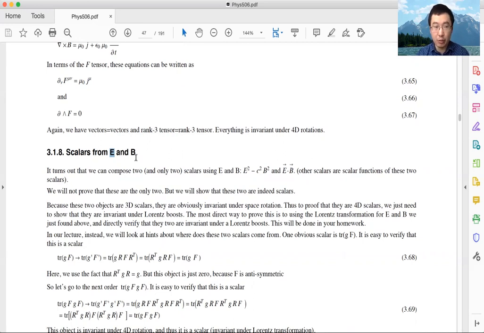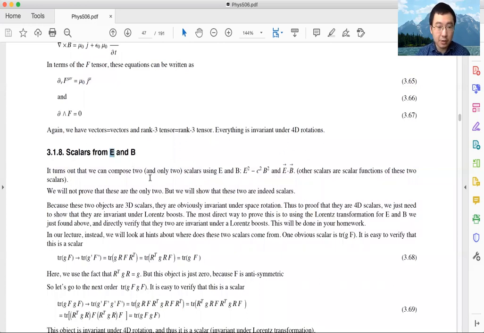We will also revisit this topic in the next chapter when we discuss the Lagrangian and action formalism of electromagnetic dynamics. This is something that will become very useful in the later part of the semester. But here we'll just briefly touch on this topic and give you a hint, which we will use later.